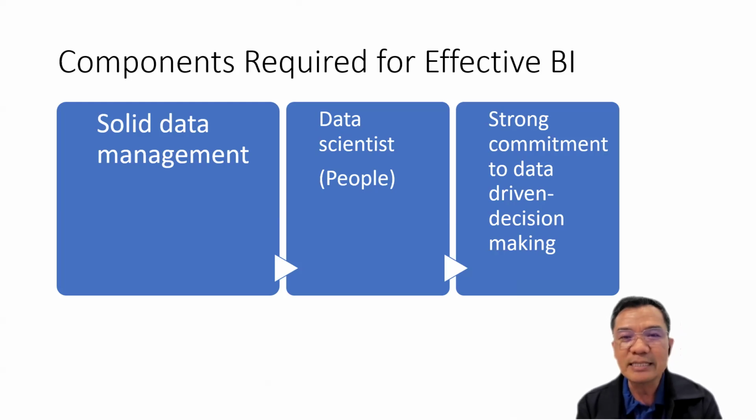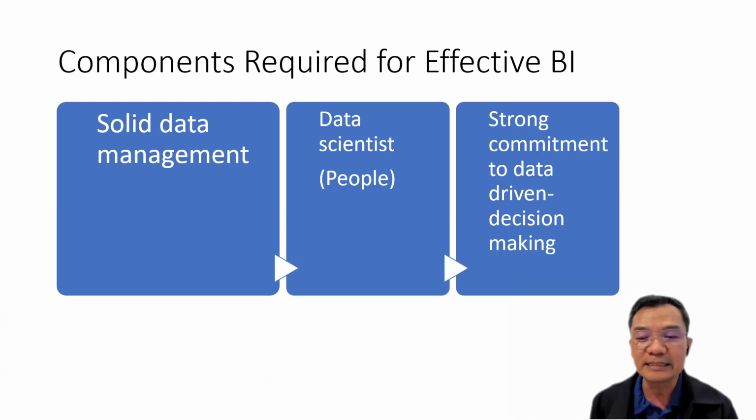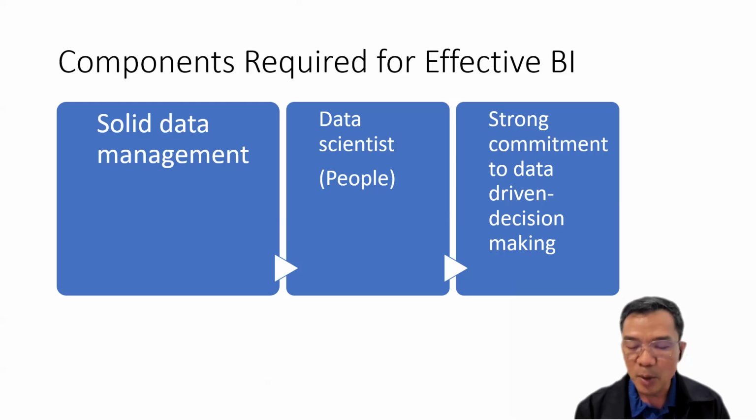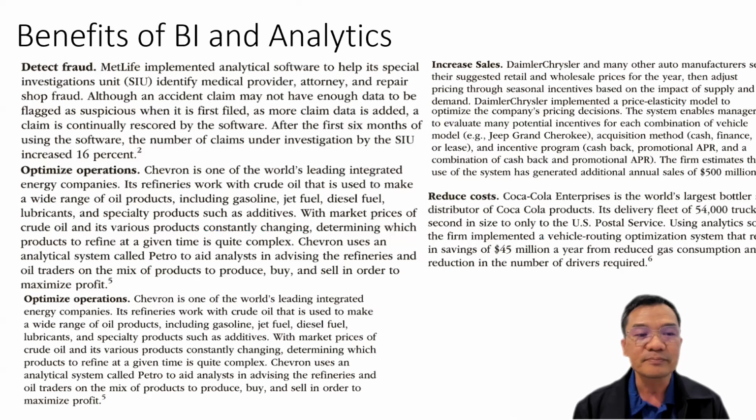There are decisions that might not necessarily be anchored in data, and our focus here is on data-driven decision making, but there are cases where the intuition of a certain expert in the organization can also be considered. But for an effective business intelligence in general, these are the three major components that we need to look into to be able to harness the potential of business intelligence.